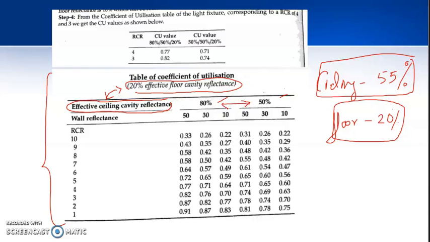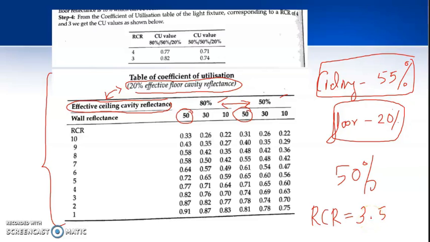And the next one is the wall reflectance. Wall reflectance is given in the question as 50%. So you need to consider these two things. Now our room cavity ratio RCR is 3.5.